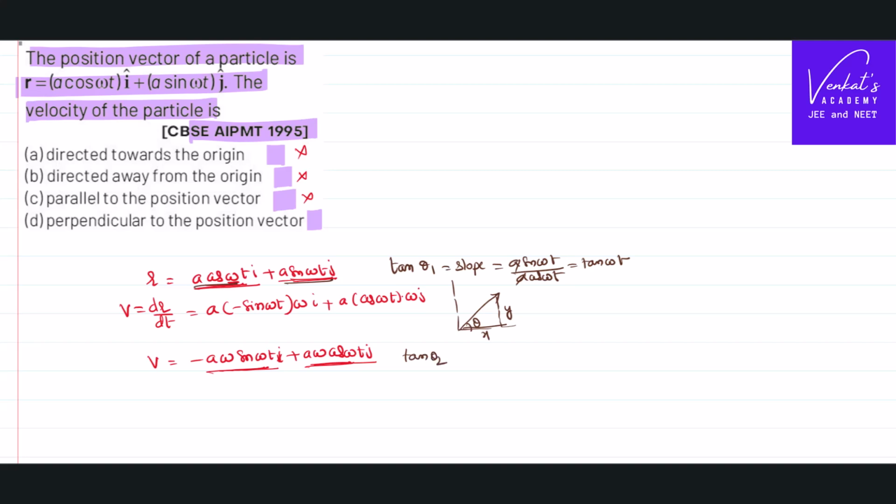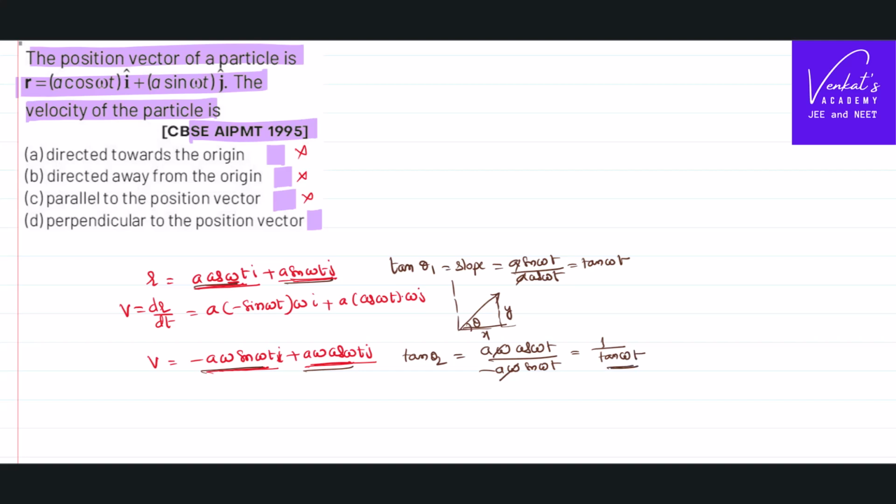Let's find the slope of the second one, the slope of velocity. The y component is a omega cos omega t, by the x component, minus a omega sin omega t. a omega will cancel. Then cos omega t by sin omega t is 1 by tan omega t.